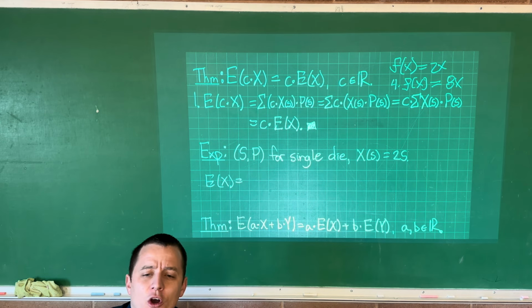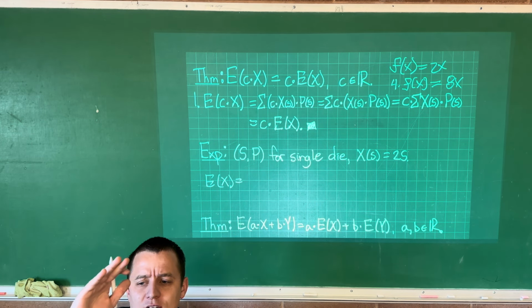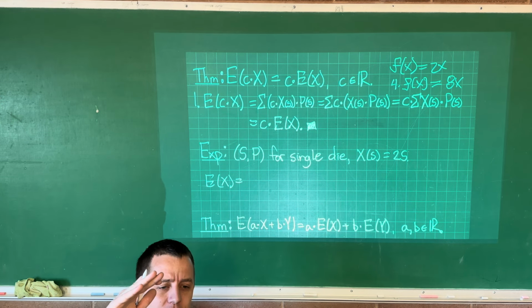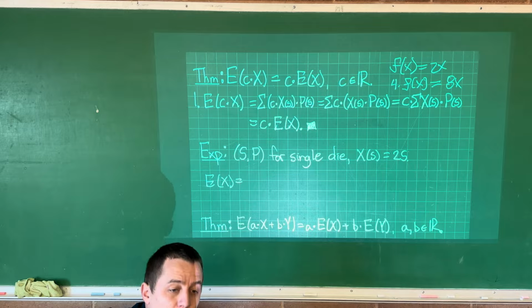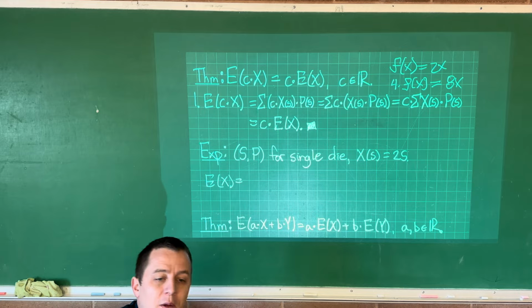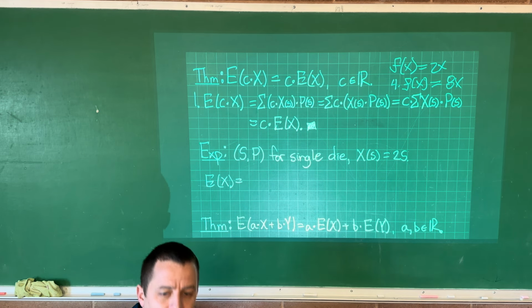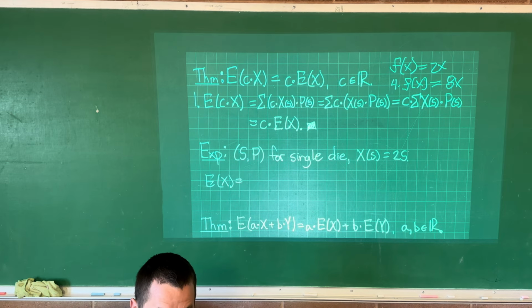Now, what does this mean? Once again, let's go back to rolling a single die. What's the expected value? 3.5. If we instead change the game, I say if you roll a 1, I'm going to pay you $2. If you roll a 2, I'm going to pay you $4. If you roll a 3, I'm going to pay you $6. What was the expected value when we scaled it up by 2? 7. It was 2 times higher, or 7.